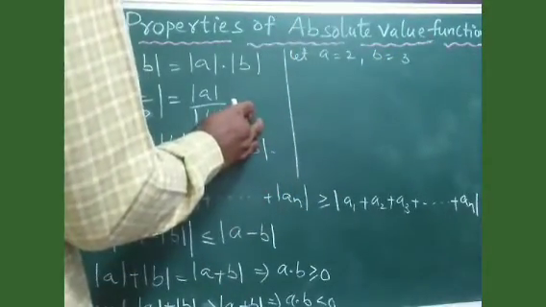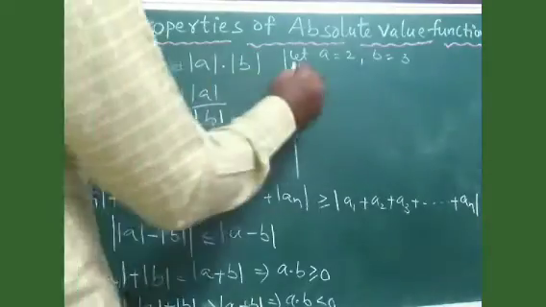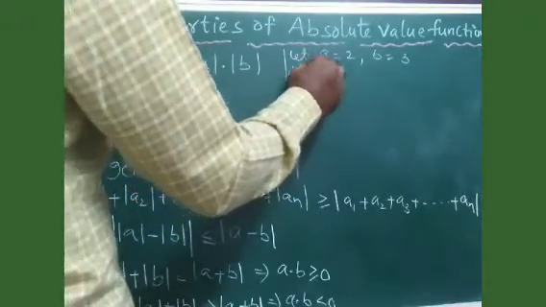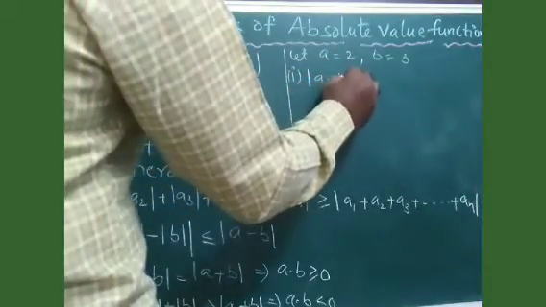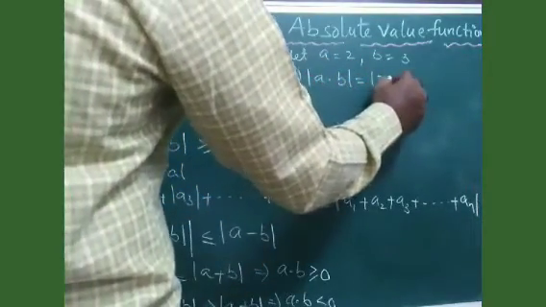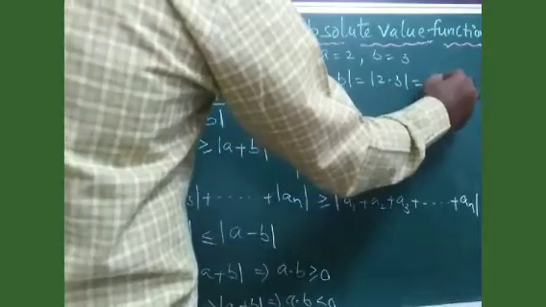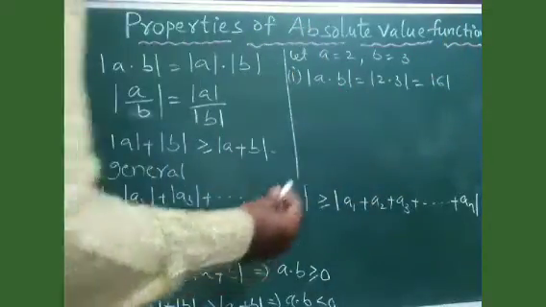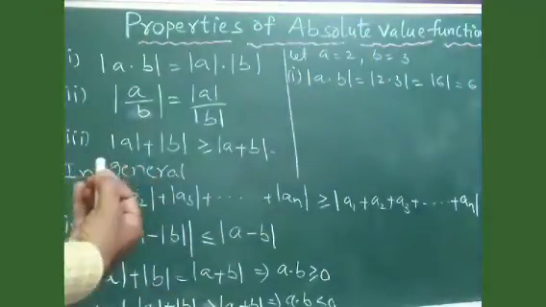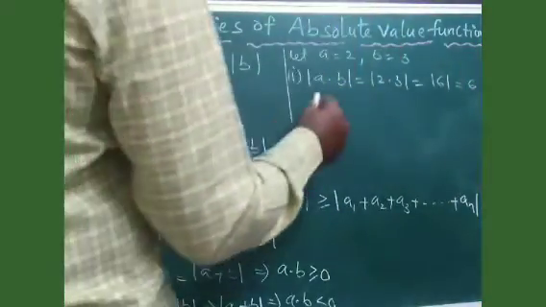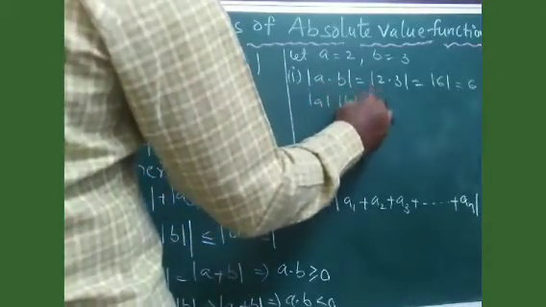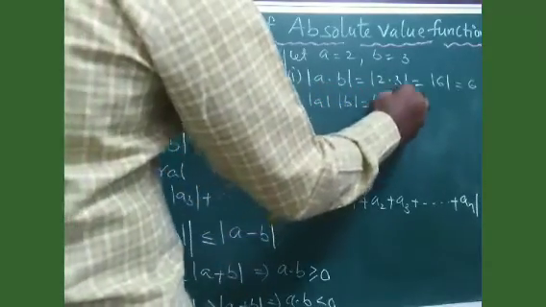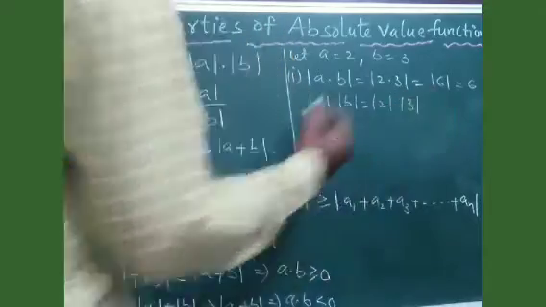Now look at the first property. Modulus of A into B, that is modulus of 2 into 3, which is modulus of 6. The absolute value of 6 is nothing but 6. Look at the right side, modulus of A into modulus of B, which is modulus of 2 into modulus of 3.